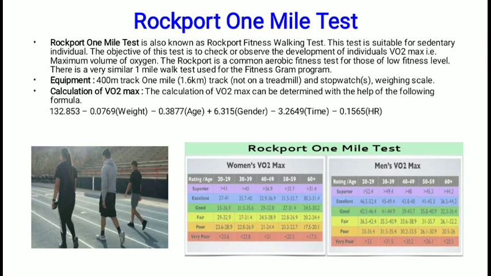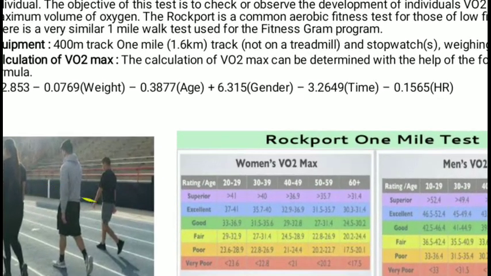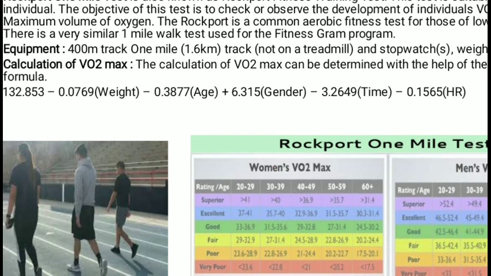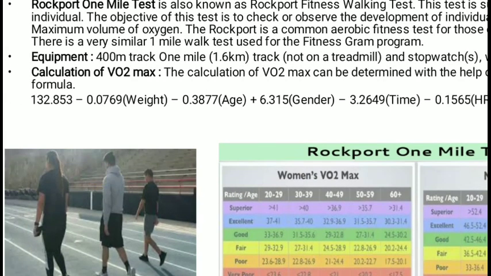Now the calculation is given for VO2 max. The calculation of VO2 max can be determined with the help of the following formula, which is for this Rockport 1 mile test and is common for everyone. The formula is 132.853 minus 0.076 multiplied by weight.